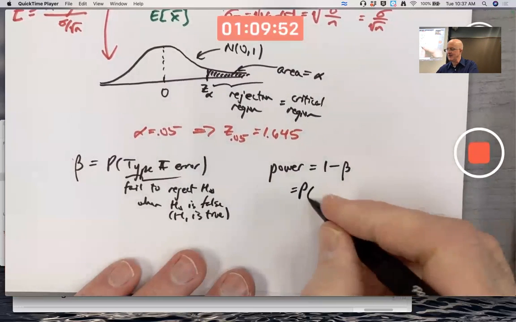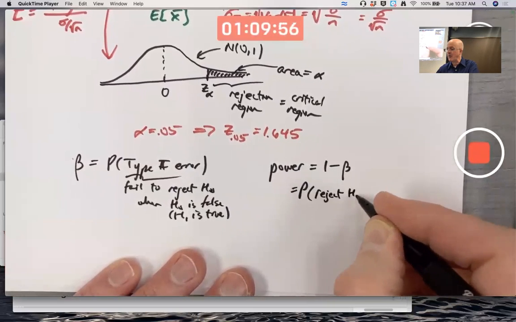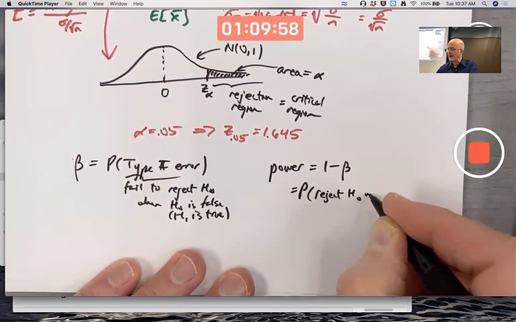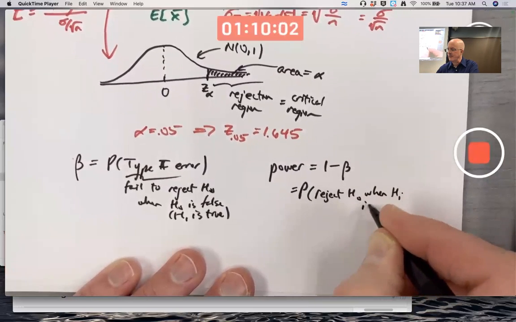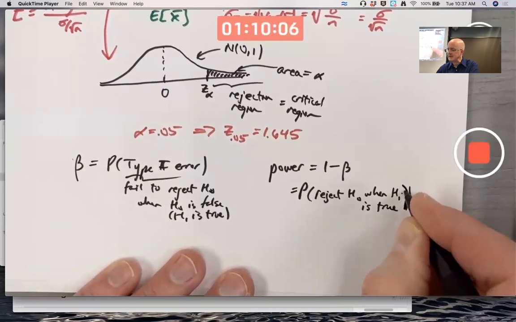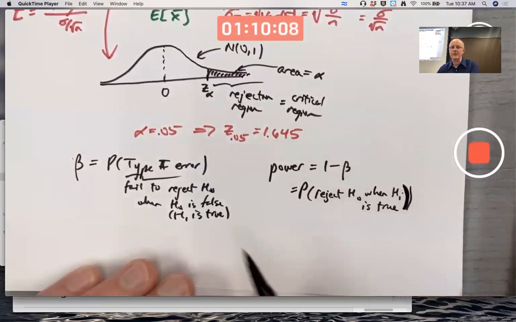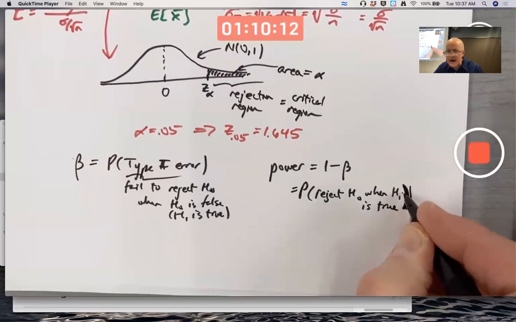Probability of rejecting H0 correctly when H1 is true. Doing the opposite thing. You're not making a type 2 error there, you're doing the opposite thing. That's supposed to be in H1. Ignore that dot there.